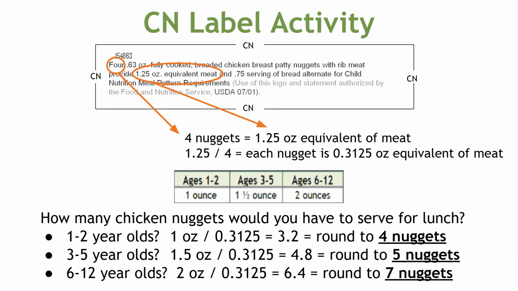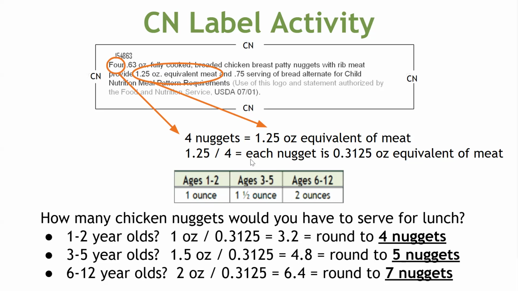And how that math is done: 4 chicken nuggets is equal to 1.5 ounces, so you would divide 1.5 by 4, and then you find each nugget is 0.31 ounce equivalents of meat. You would use that to do the math to figure out how much needs to be served for each age group.